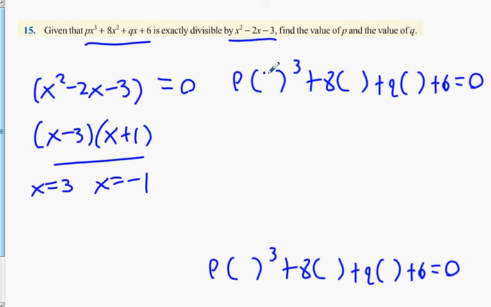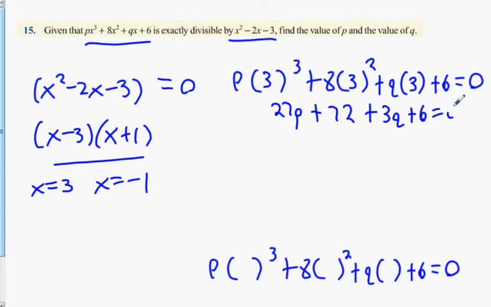Try 3 first. 3, that's squared. Just made a mistake there. 3 squared, 3q, yeah? 3 cubed? No. 27. 27p. 3 squared? 8 times 9? 72. 3 times q?